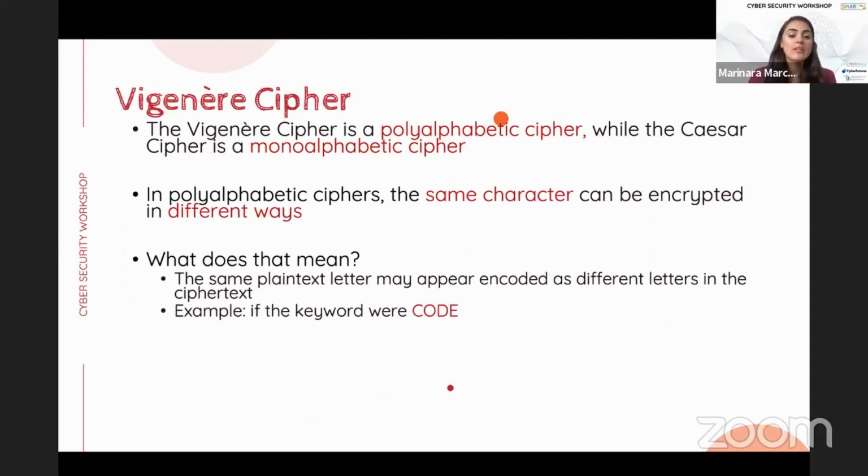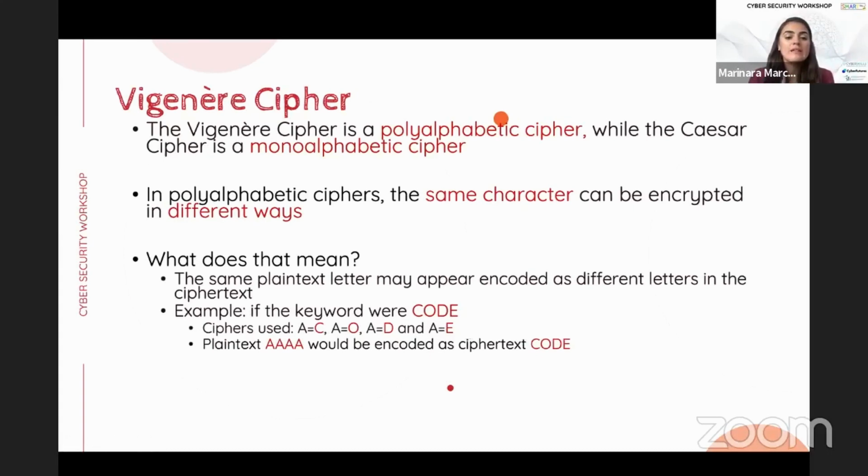So like with the example that we had, if the keyword was code, and if we were to encrypt A, A would be encrypted as C first, and then A would be encrypted as O, and then A would be encrypted as D, and A would be encrypted as D. So you can see that the plain text A, suppose this is what we want to send someone, would actually be encoded as the ciphertext code.